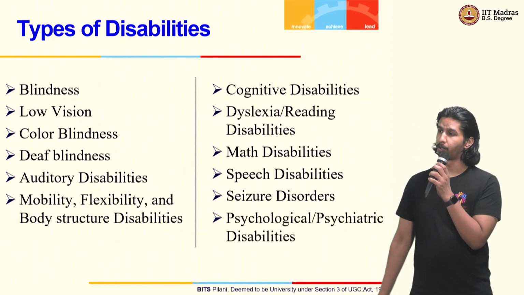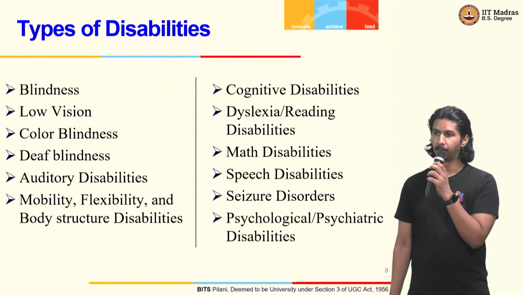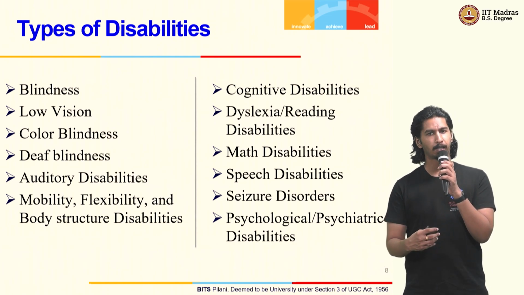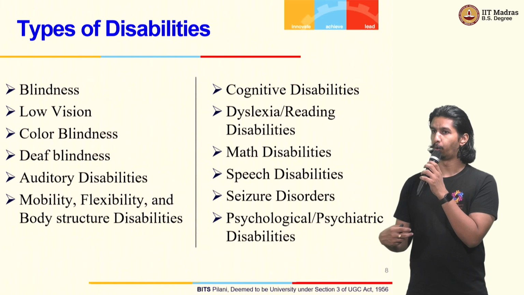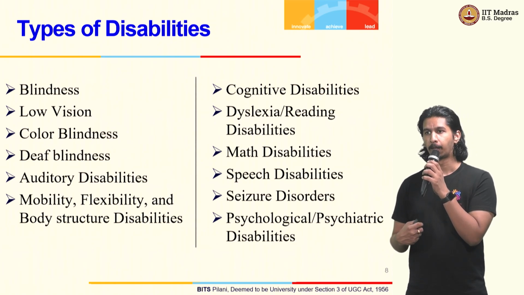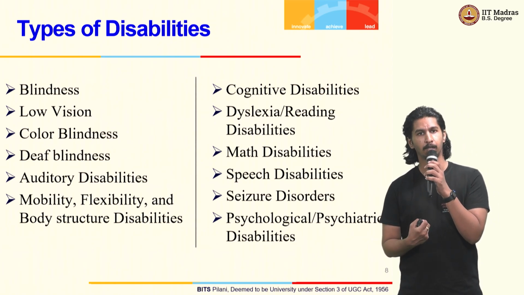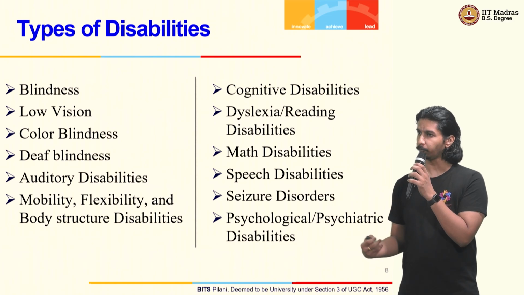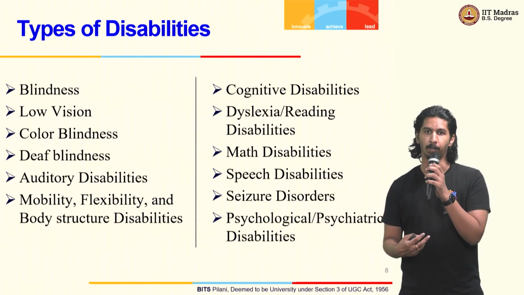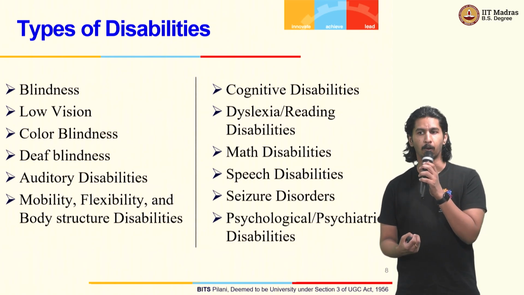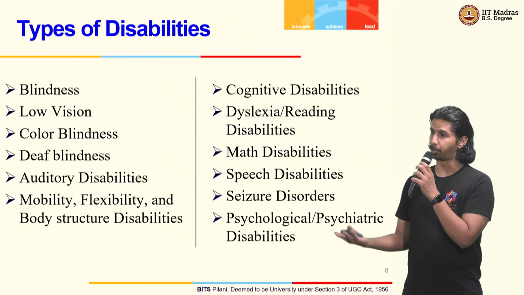Then we also have psychological or psychiatric disabilities. Again, these conditions usually start as a condition, right? So they're not disabilities at first, but what happens is slowly, if that condition is going to hamper our day-to-day life, then it becomes a disability. So these could involve things like, say, anxiety, or having obsessive compulsion, or something like, say, depression.